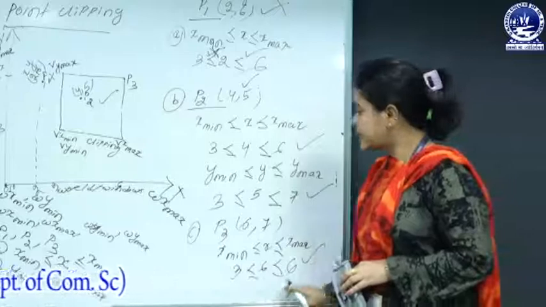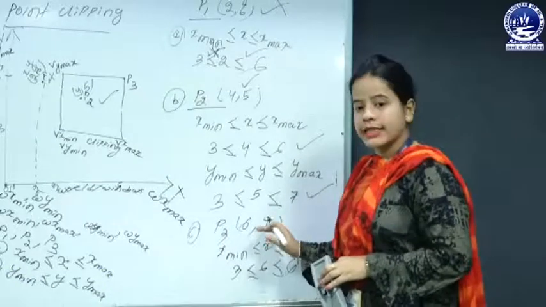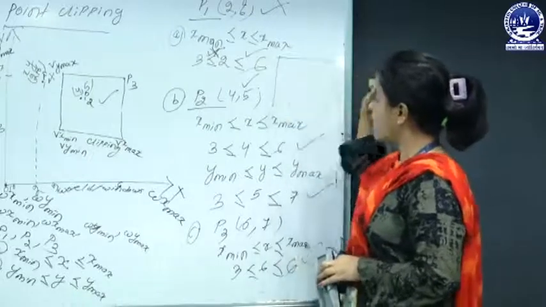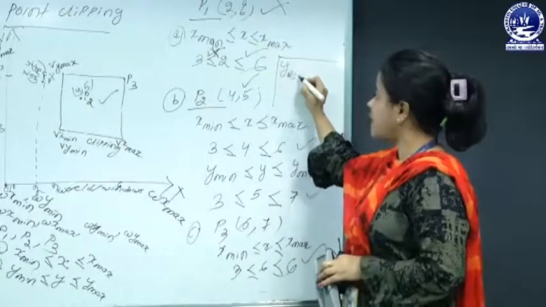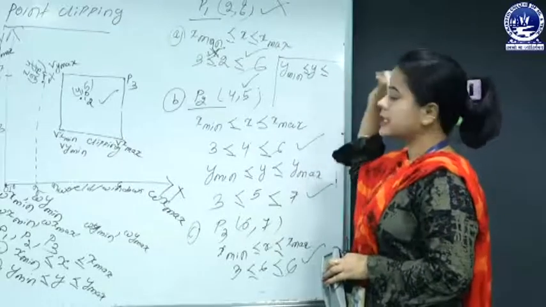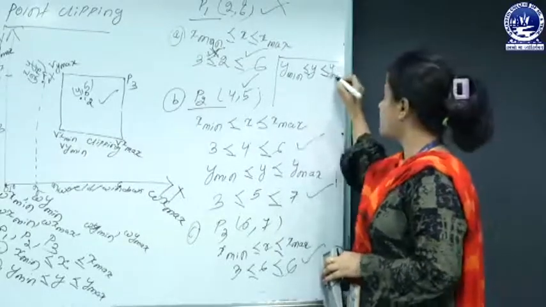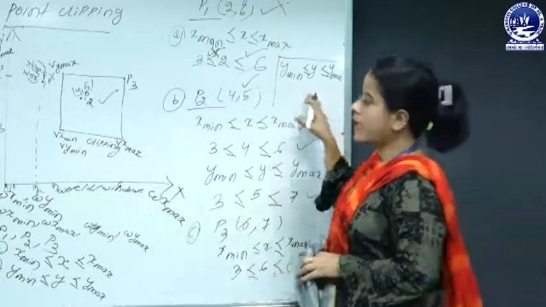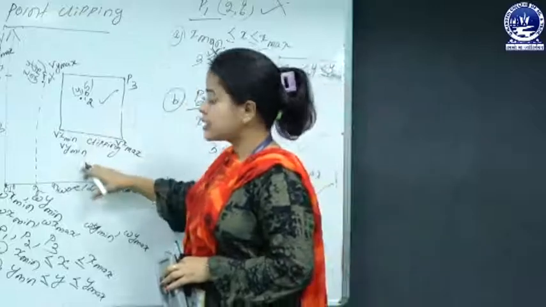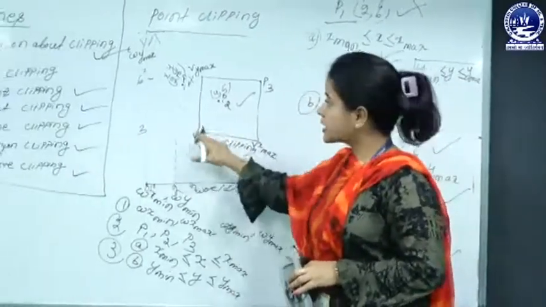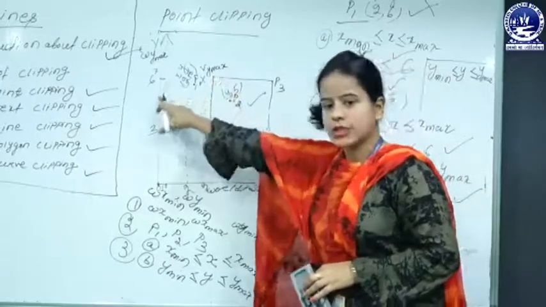So now to check the next element, that means the y coordinate value. Here for the y coordinate value the formula is y minimum is less than or equal to y, and y is less than or equal to y maximum. So now to check the y minimum value, the clipping window contains the y minimum value 3 and the y maximum value 7.